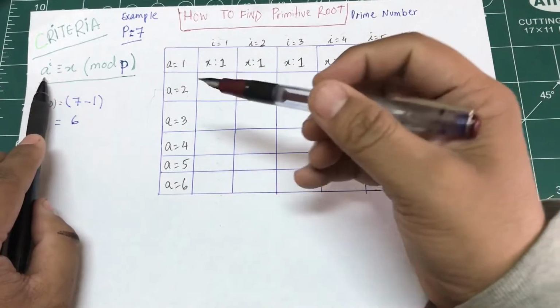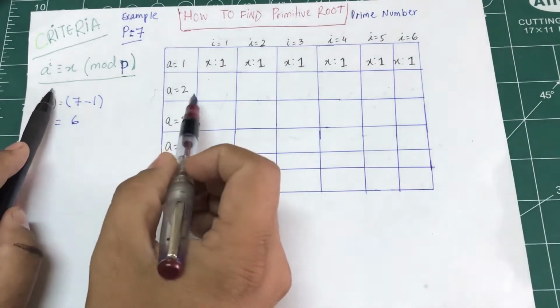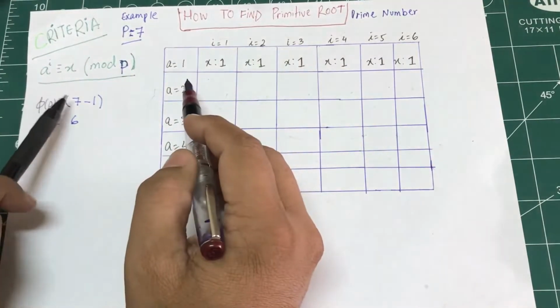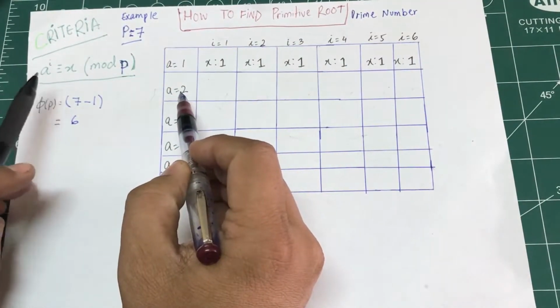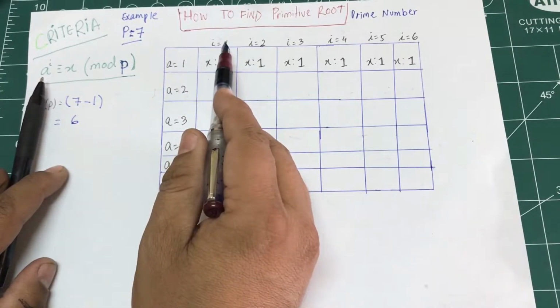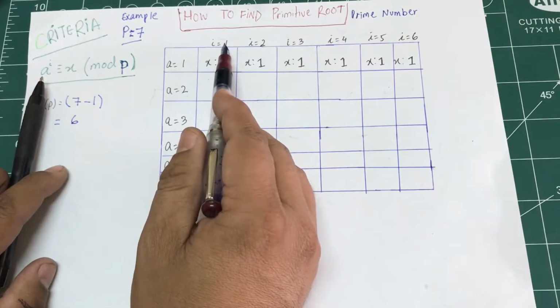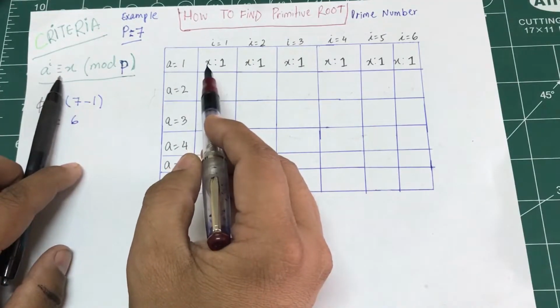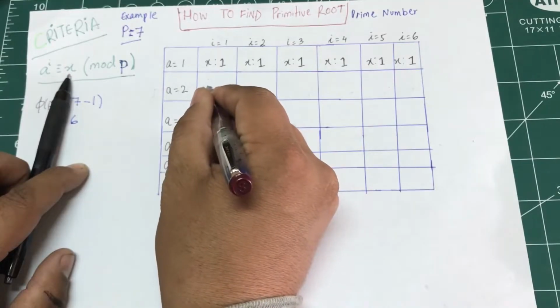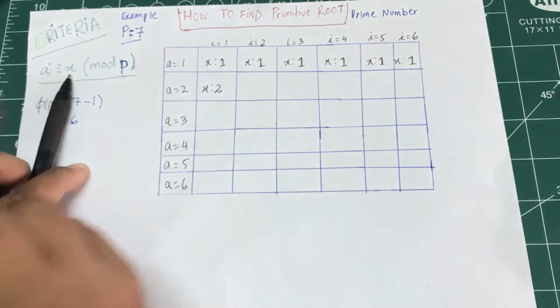Okay, let's do number 2. In place of a, let's take 2. 2 raised to 1 is 2, and mod 7 gives me 2.